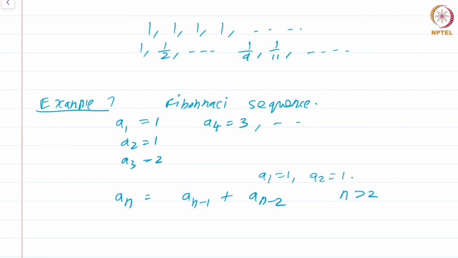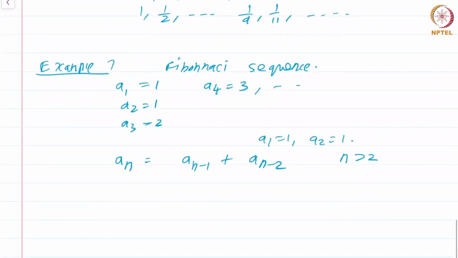So it's the sequence that goes 1 1 2 3 5, and so on. Clearly this sequence seems to diverge to infinity, but we can form some interesting sequences from this Fibonacci sequence by considering reciprocals. Reciprocals will be 1 1 half 1 by 3 and so on, and you can see that the reciprocals will sort of converge to 0.